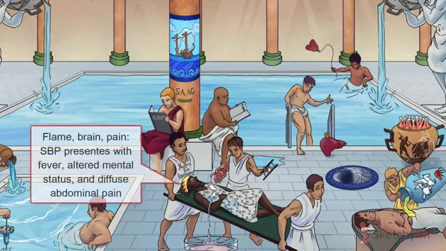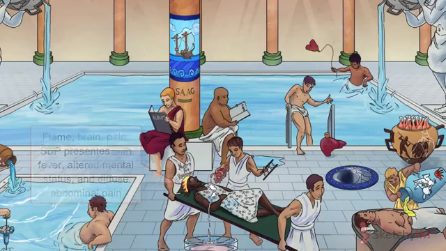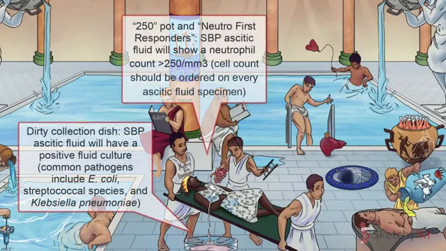In the setting of SBP, the ascitic fluid may be turbid or cloudy rather than the usual translucent yellow appearance. A cell count with differential is performed to evaluate for infection. In fact, cell count should be ordered on every ascitic fluid specimen, even if you're just performing a therapeutic paracentesis and draining that tense abdomen, for example. The diagnostic criteria for SBP includes a positive ascites fluid culture and neutrophil count of greater than 250 per milliliter.